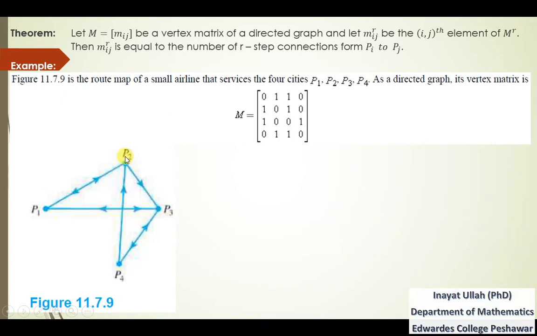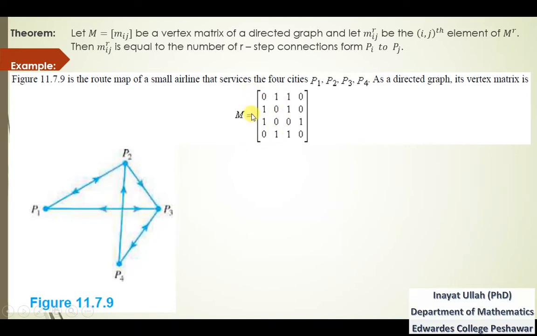You cannot move from city 2 to city 4 because there is no directed edge from P2 to P4. Similarly, you can move from city 3 to city 1 as well as to city 4, and similarly you can move from city 4 to city 3 and city 2 and so on. So that is the vertex matrix for this directed graph.